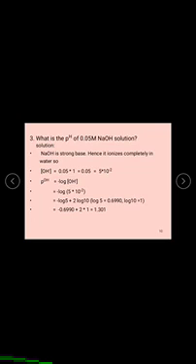After that we have to calculate the pH. But we know the pH plus pOH of the solution is equal to 14. Then pH is equal to 14 minus pOH, that is 14 minus 1.301, which equals 12.699.